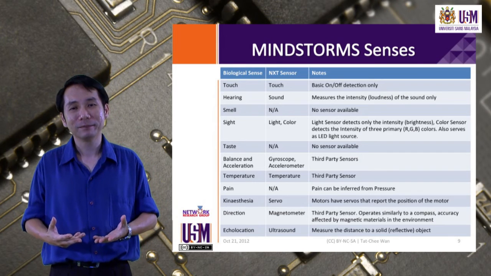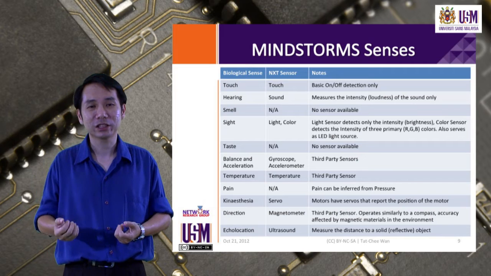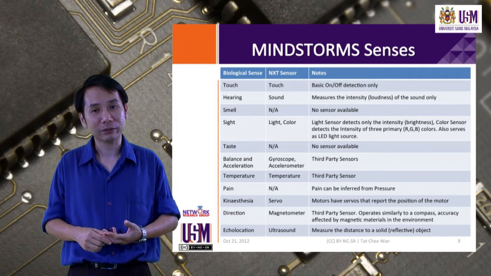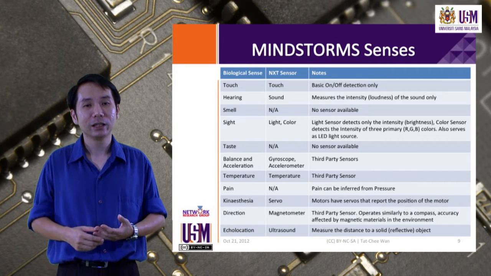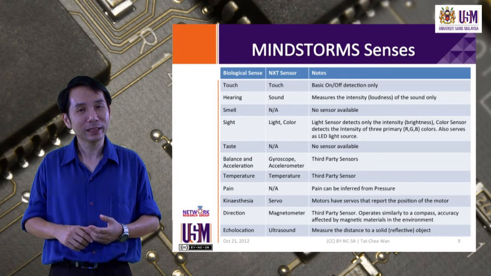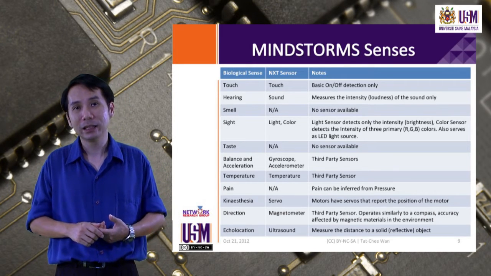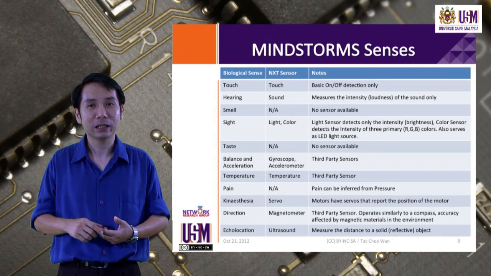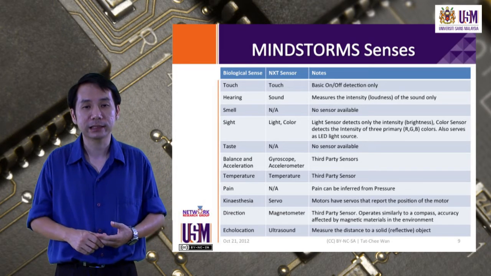However, the MINDSTORMS has some equivalent sensors such as a touch sensor, a sound sensor for measuring the intensity or loudness of sounds. Unfortunately, it cannot smell or taste, but it can detect light in terms of intensity as well as color, but these are found in two separate sensors. One is the light sensor, the other is the color sensor.